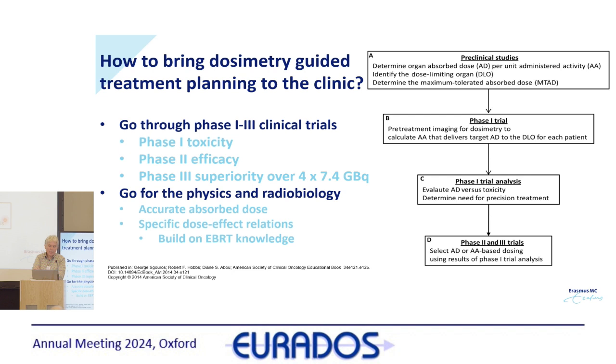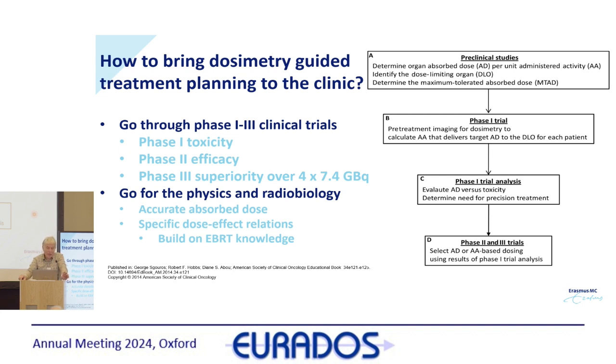And this brings me to the essential question in setting up treatment planning for radiopharmaceutical therapies. Do we have to go again through all phase 1 to phase 3 trials, and indicated here what I mean with these trials? So that's the clinical medical approach. So proving superiority of dosimetry-guided treatment planning over the traditional 4 times 7.4 gigabecquerel, or can we go for the physics and radiobiology approach?